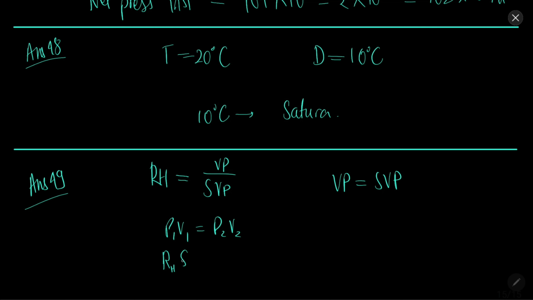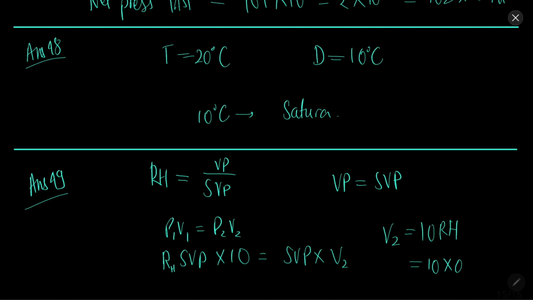So RH, SVP into 10 equals SVP into V2. So V2 comes to 10 RH, that is 10 into 0.4. So 4 centimeter cube will be the volume.